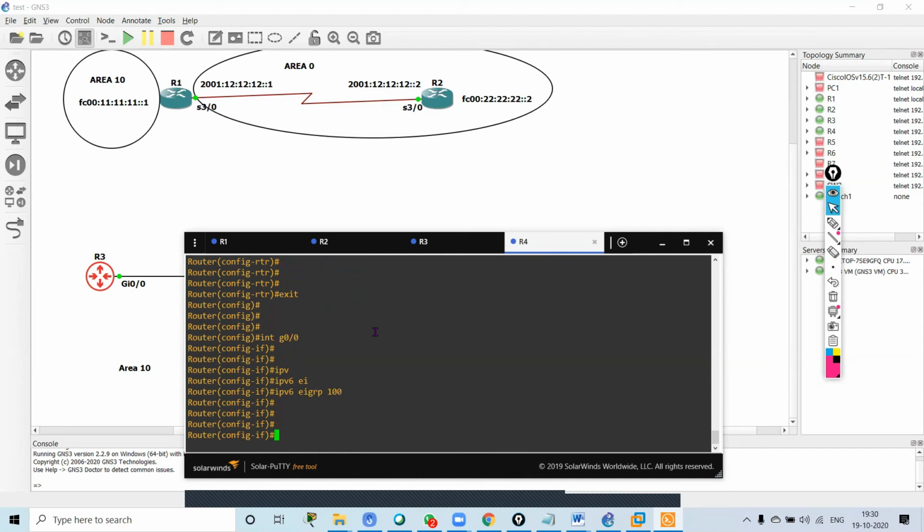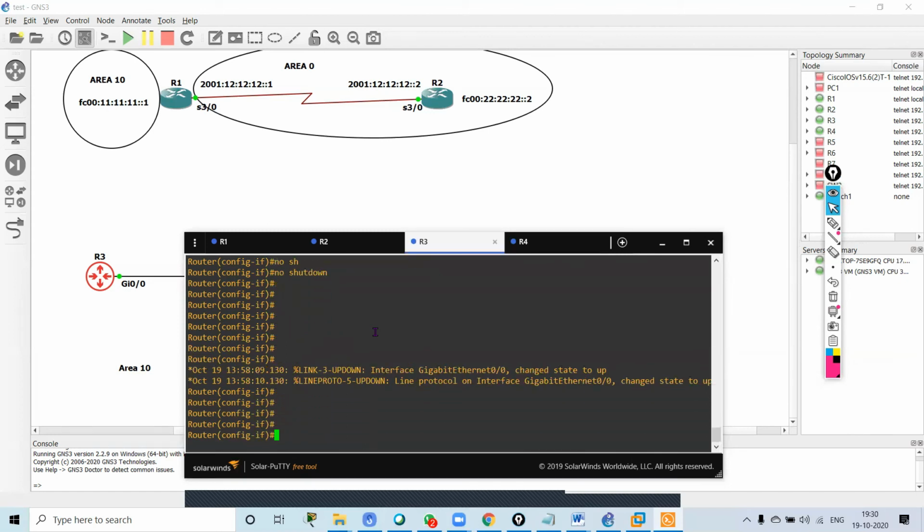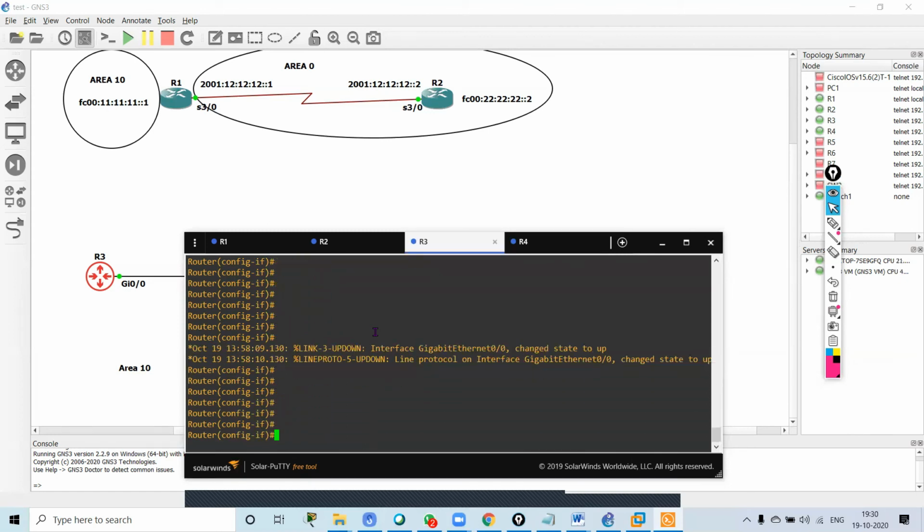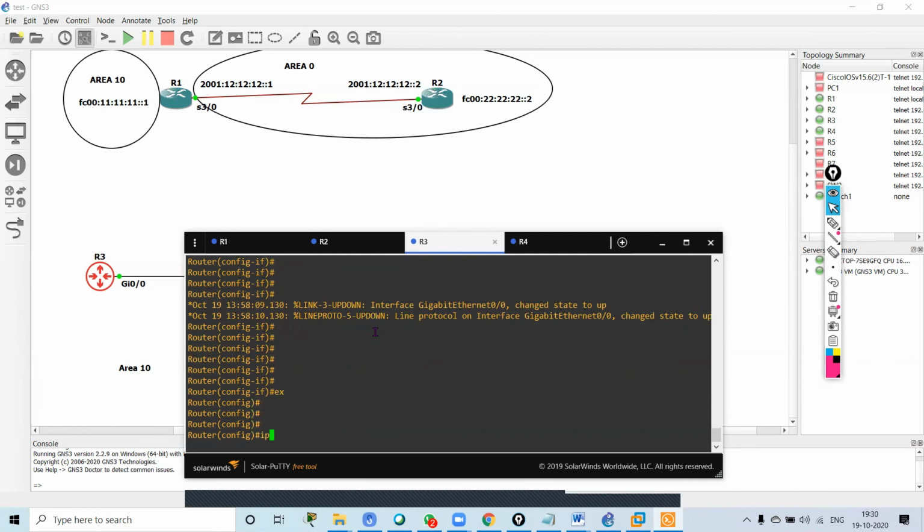This is the only command. Interface gigabit 0/1. Then here also exit.